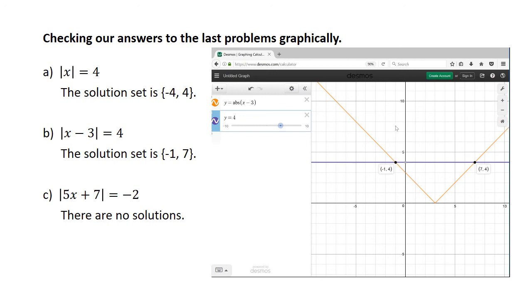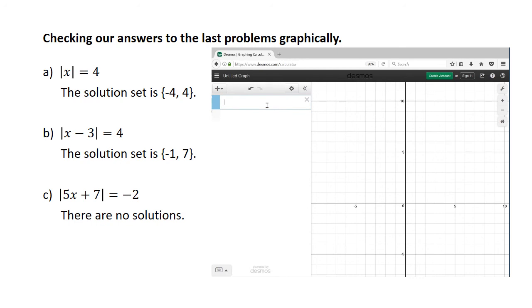All right, let's check that last one that had no solution and see what that looks like graphically. All right, the left side of the equation would be y equals the absolute value of 5x plus 7. All right, so there's that black graph. That is the absolute value of 5x plus 7.